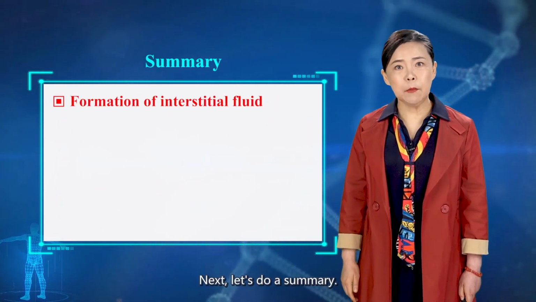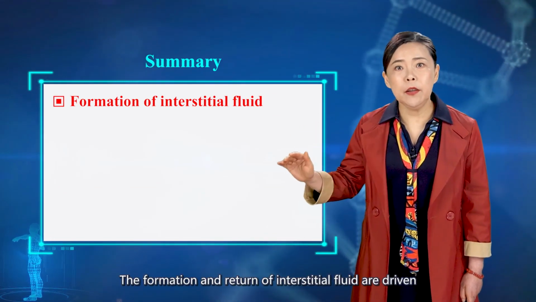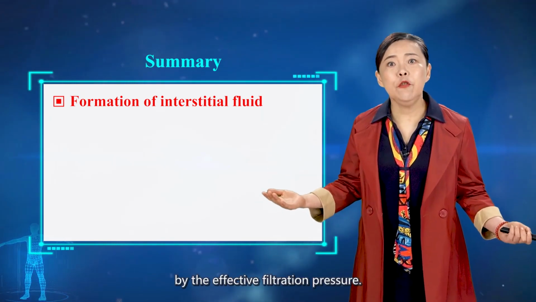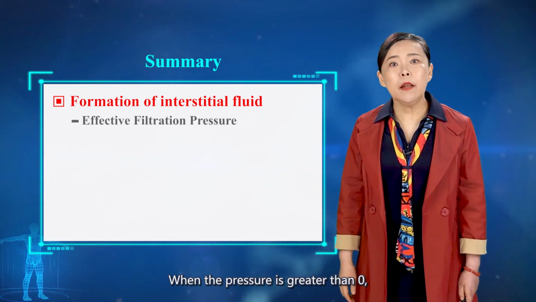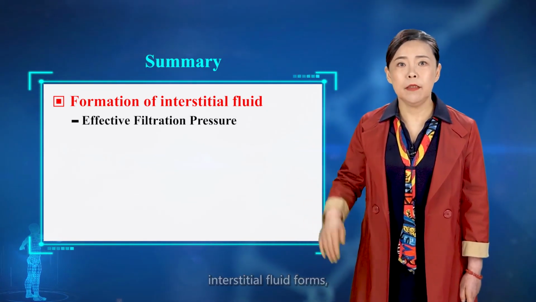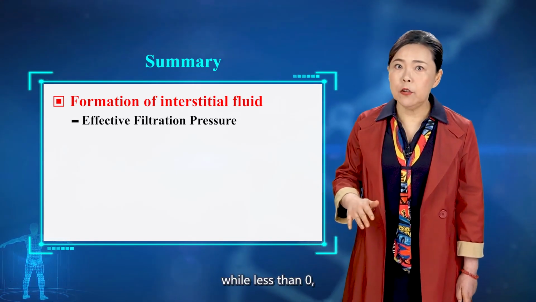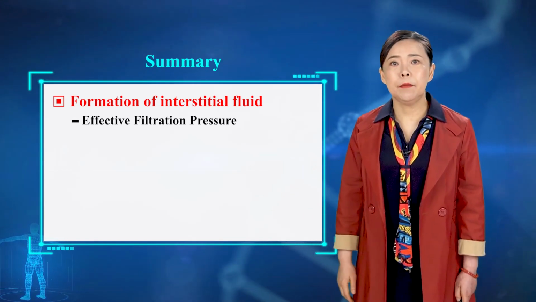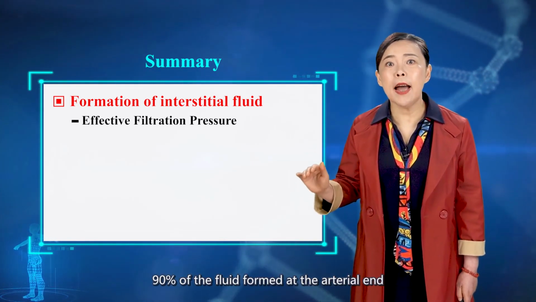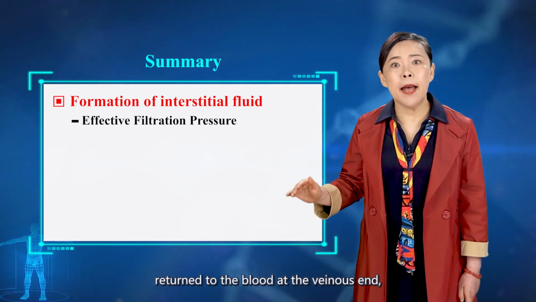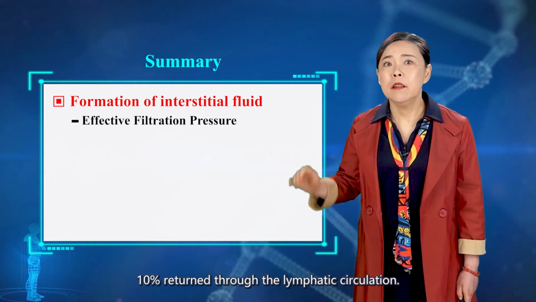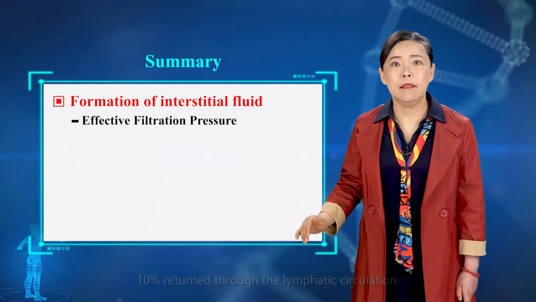Next, let's do a summary. The formation and return of interstitial fluid are driven by the effective filtration pressure. When the pressure is greater than 0, interstitial fluid forms, while less than 0 returns to the blood. 90% of the fluid formed at the arterial end returned to the blood at the venous end. 10% of return through lymphatic circulation.